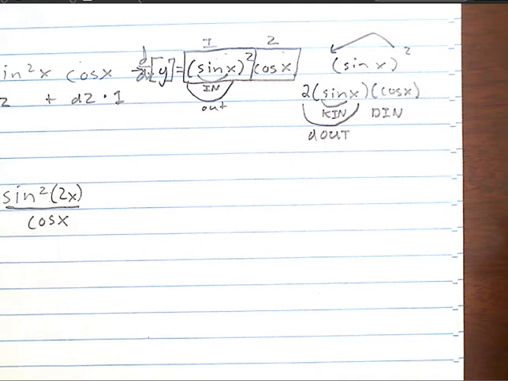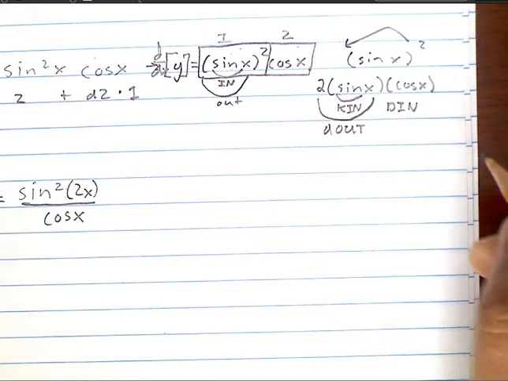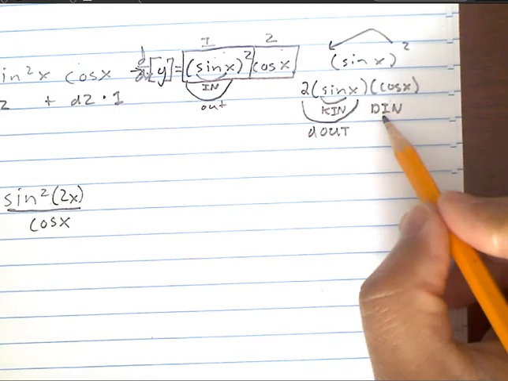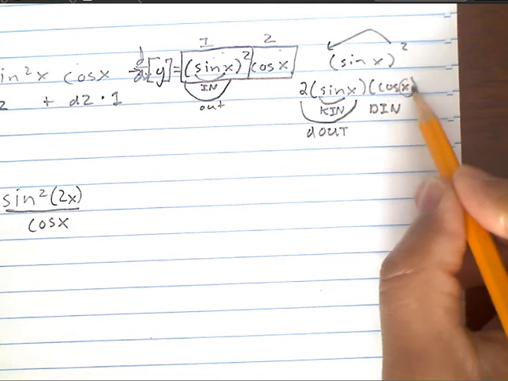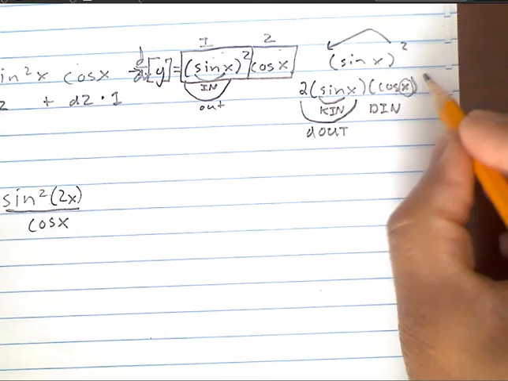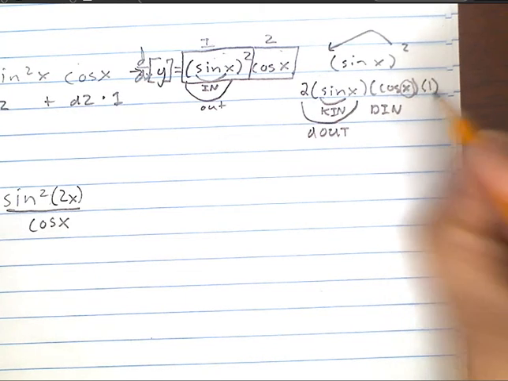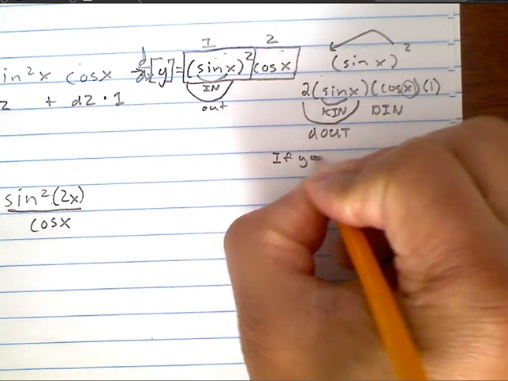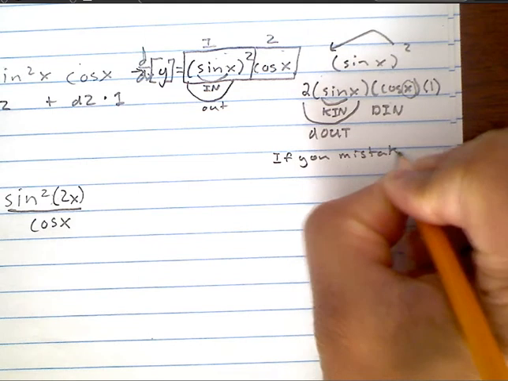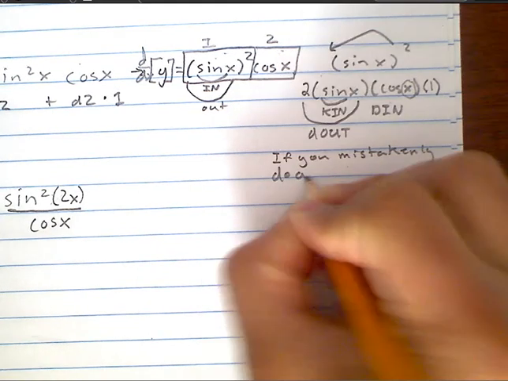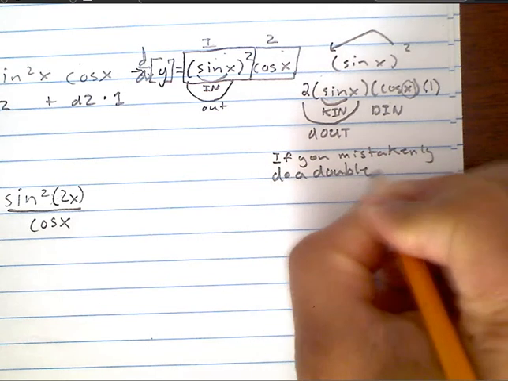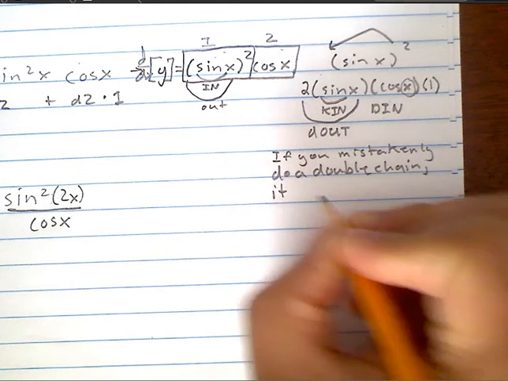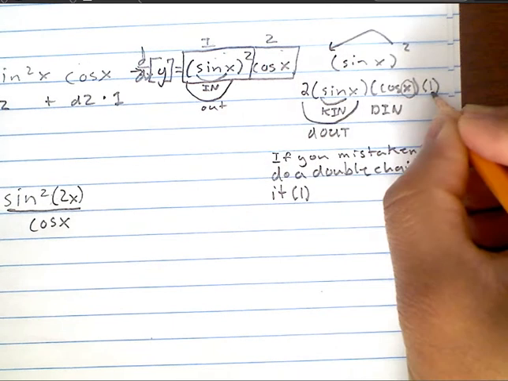Well, what if I mistakenly thought this was a double chain rule? Well, I would just take the derivative of the inside of the inside. Well, what's the inside of the inside? It's x, so what's the derivative of the x? 1. So if you mistakenly do a double chain rule, does that matter?